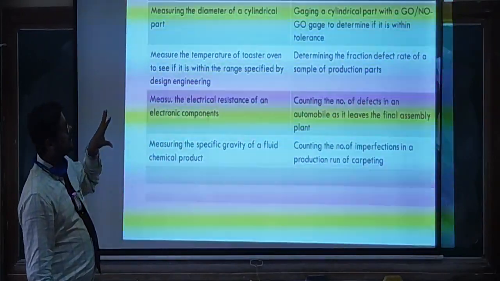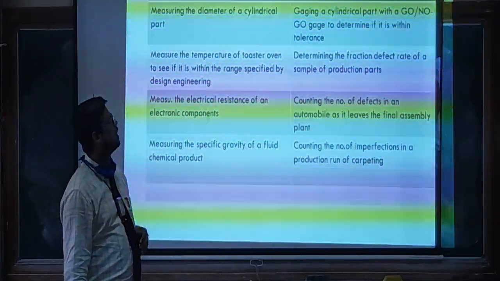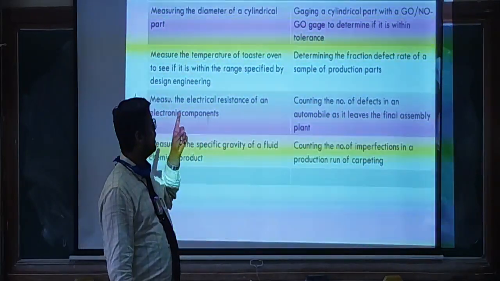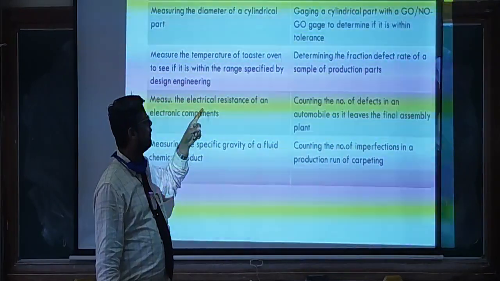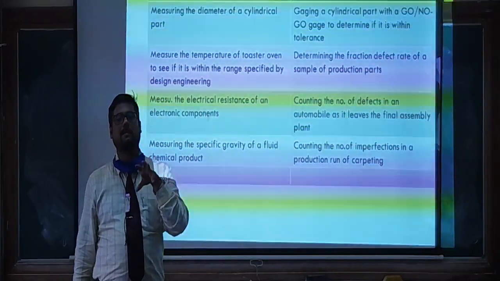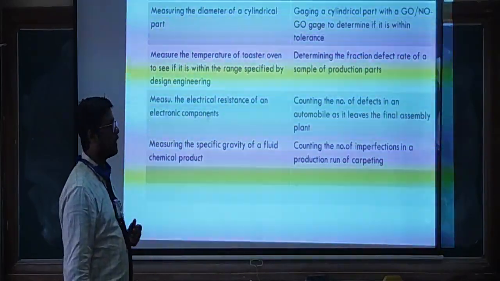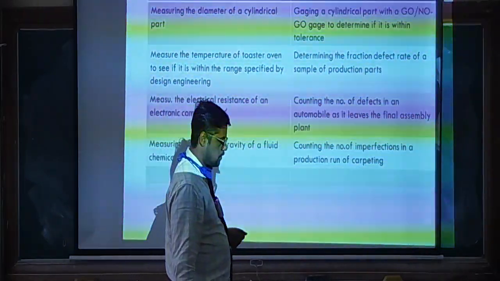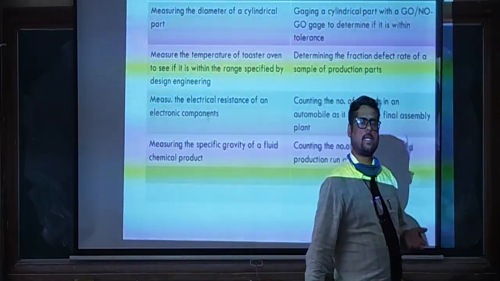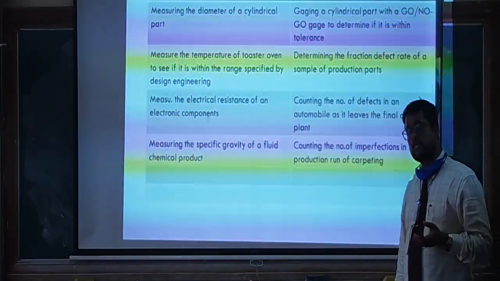Now an example for inspection of attributes is gauging of a cylinder part with a go gauge to determine if it is within the tolerance, and a no-go gauge. So whether it is acceptable, conforming or non-conforming, we use gauges. Among the types of gauges we have seen, one is a snap gauge, one is a ring gauge; different types of gauges are available in the market.